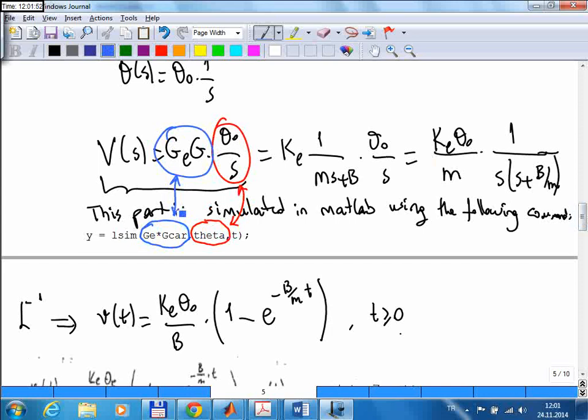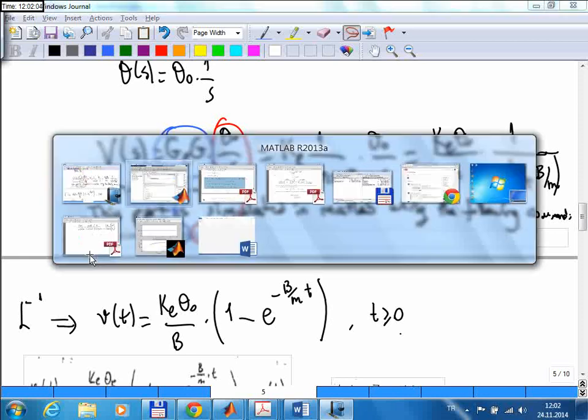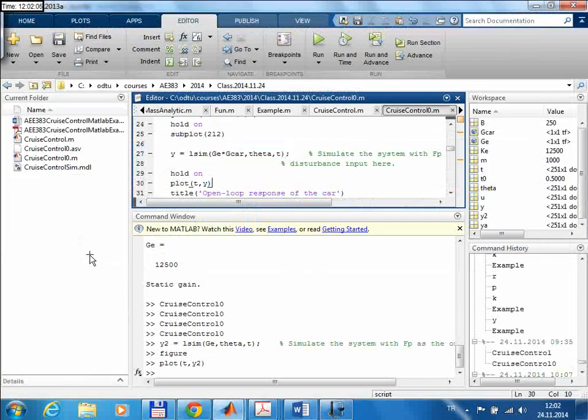So that corresponds to that, and it just gives me the output. And the result is saved in a variable named y. Okay, and then with the command plot t, y, I can plot the output.